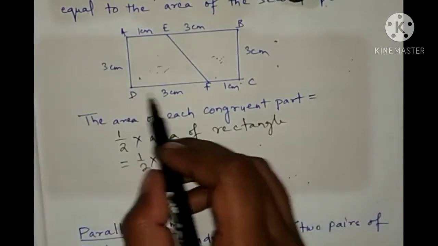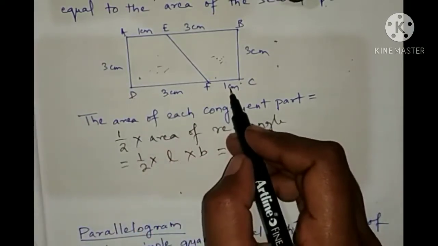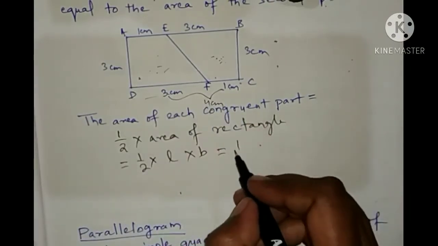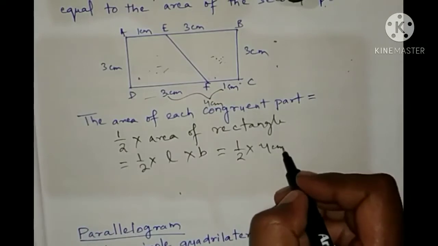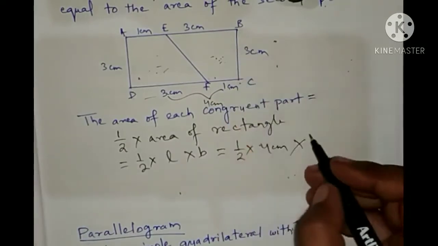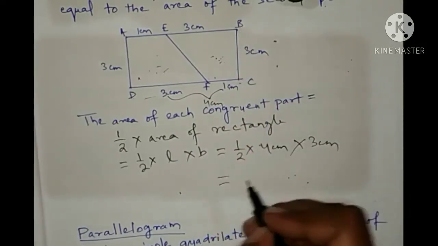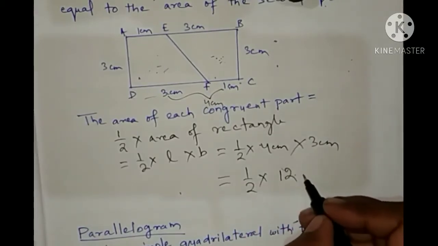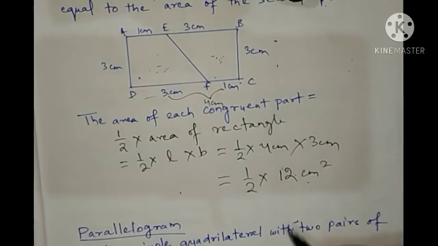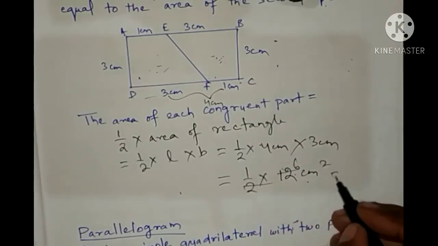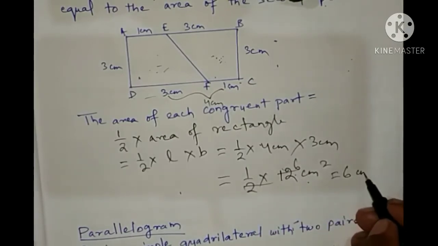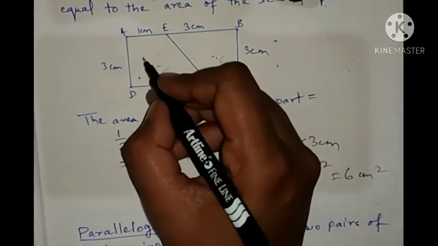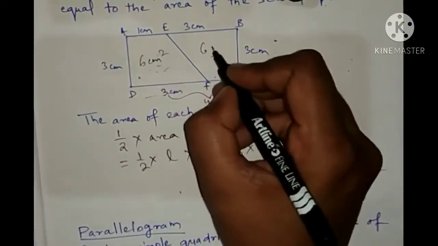Length is how much? 3 plus 1, total 4 centimeter. So half into 4 centimeter into breadth, which is 3 centimeter. So we get half into 12 square centimeter. How much is it? The answer is 6 square centimeter. So area of each congruent part is 6 square centimeter.